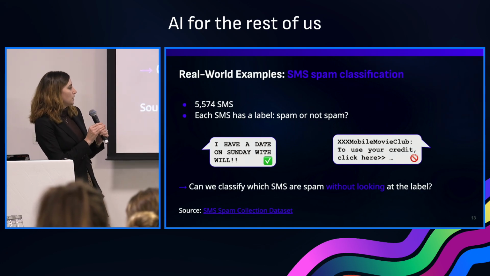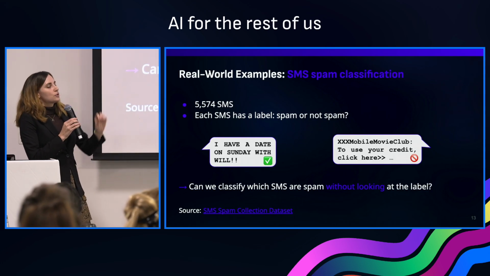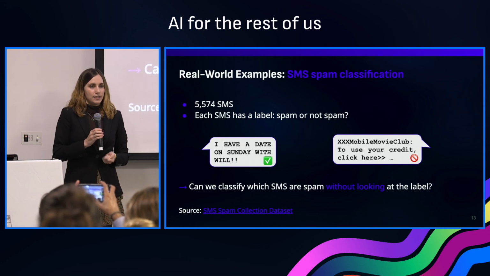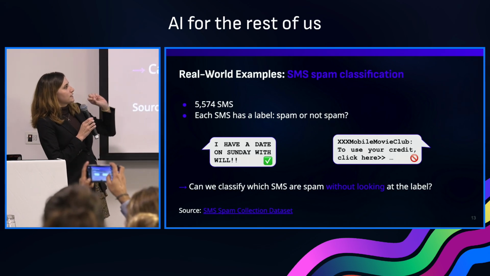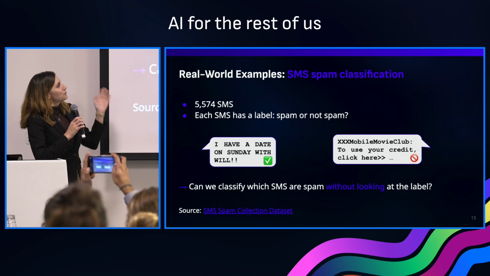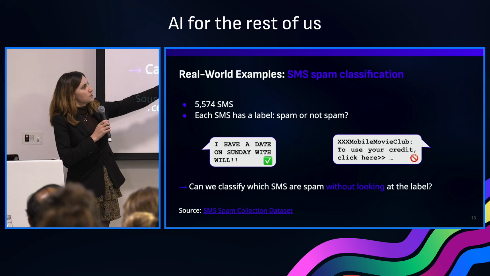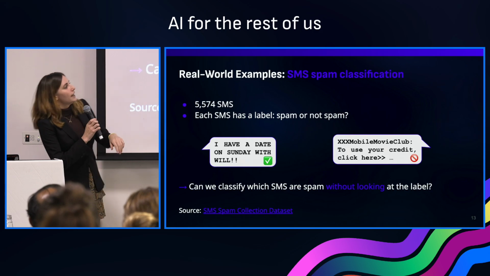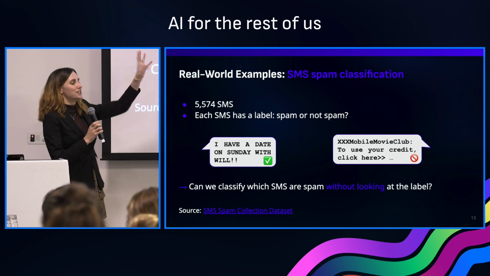around 5,000 SMS from the so-called SMS spam collection dataset. And each of these SMS has a label attached. Is it spam or is it not spam? So you might have an example here on the left: I have a date on Sunday with Will, and this is probably not spam, so it has a not spam label attached to it. And then XXX mobile movie club, to use your credit, click here, with some weird symbols.